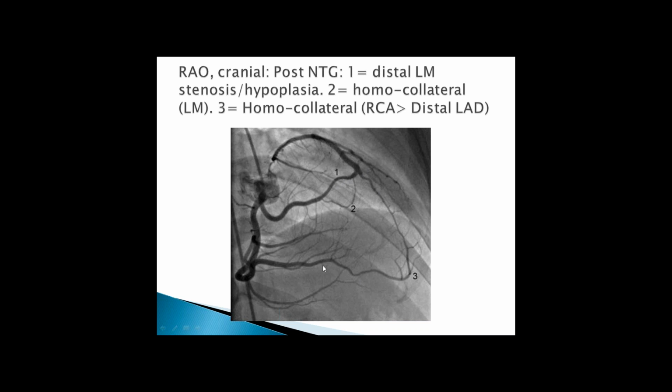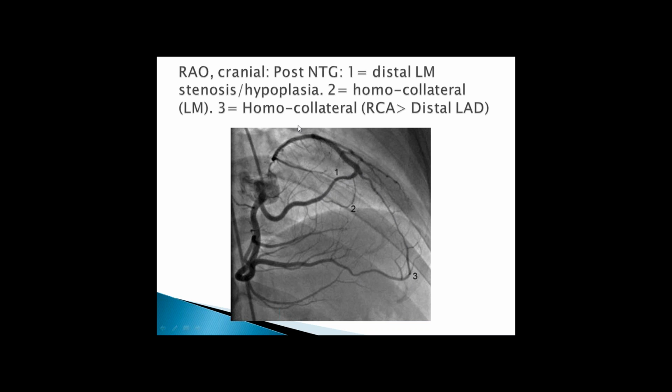It has nourishment 50% from the right posterior descending and 50% from the left main. That is fairly small at this level. It has an unusual homocollateral. The collateral around this site, the wall, is the site of the major spasm.